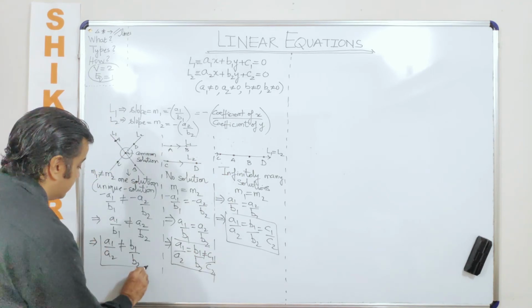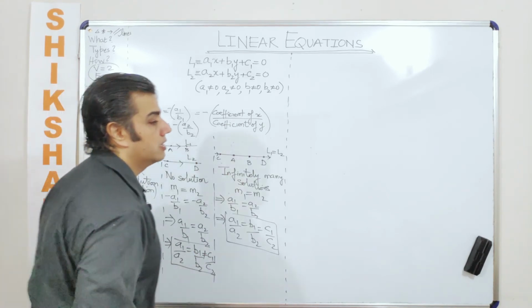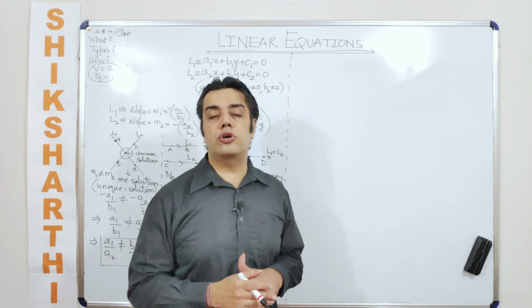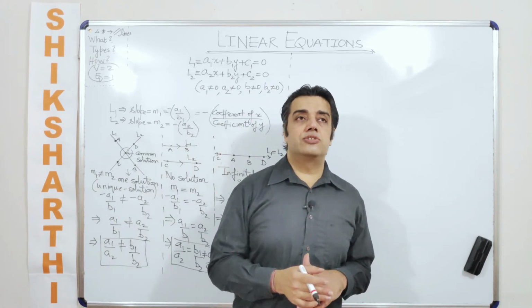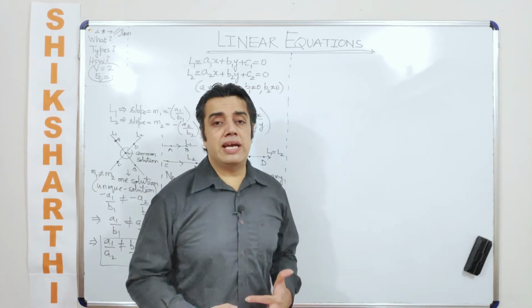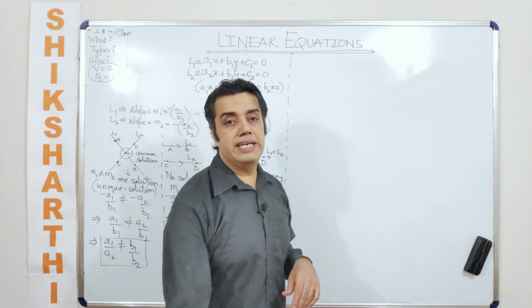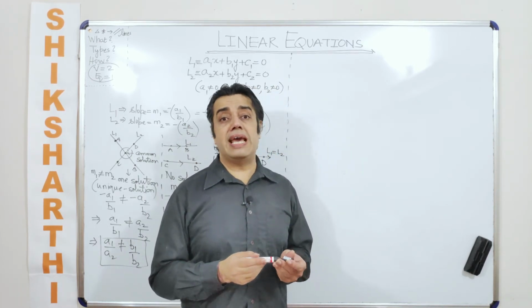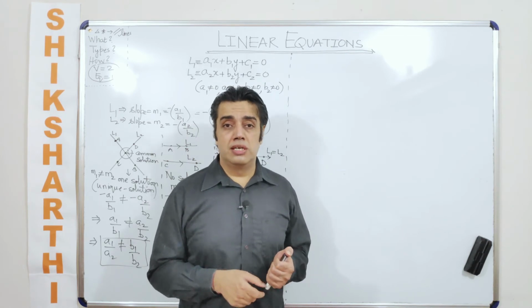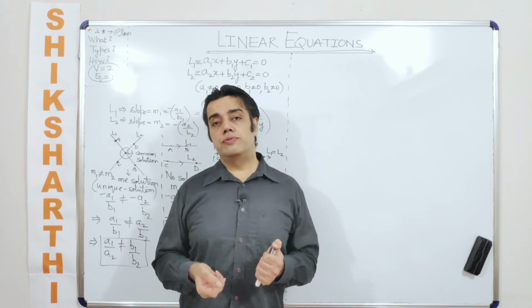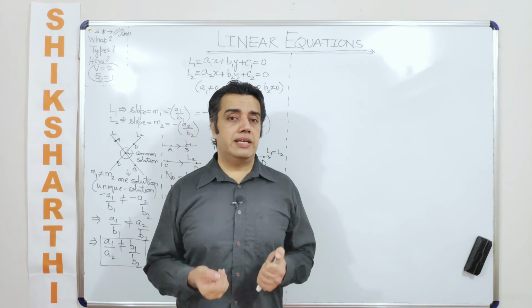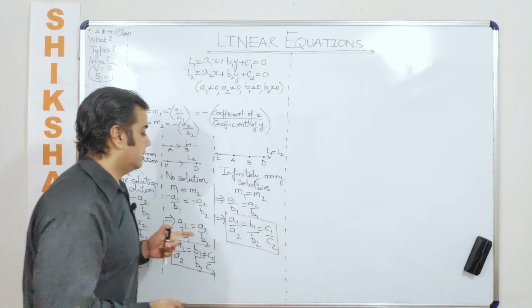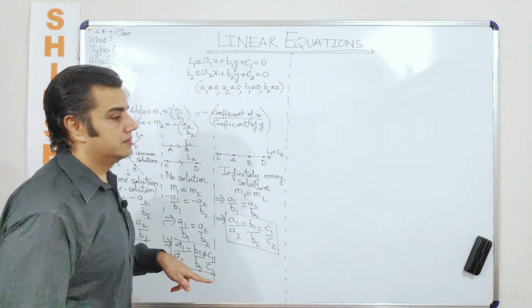This is just like a precondition. Once you have the precondition, then only you talk about the solution set. So at the very beginning, you will be able to identify whether two equations have a common solution or not, just based on the coefficients. And that entire coefficient theory is nothing but the slope of the lines.